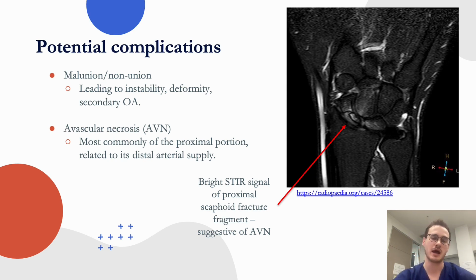And then as well, avascular necrosis due to the blood supply, with the distal segment of the scaphoid being supplied before the proximal segment. And so this can be evaluated on multiple imaging modalities, but MRI is the most sensitive. And here's an example with this bright signal suggestive of avascular necrosis.